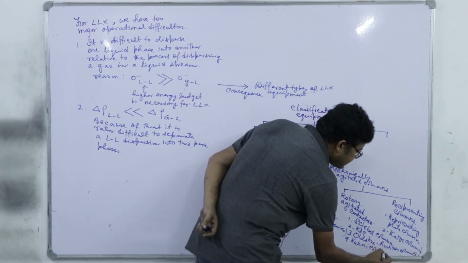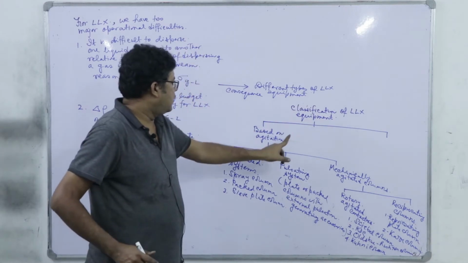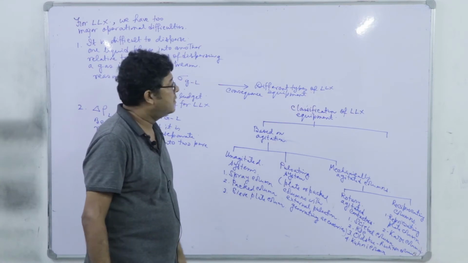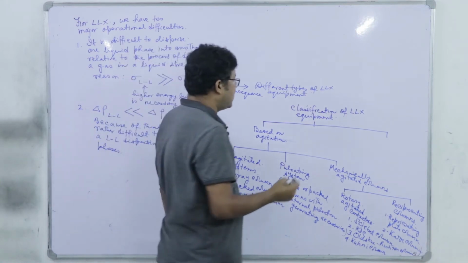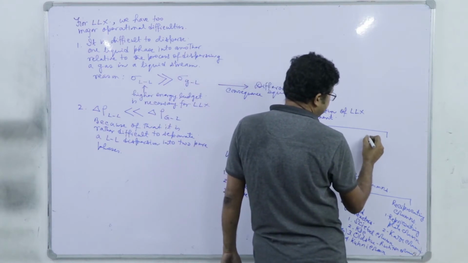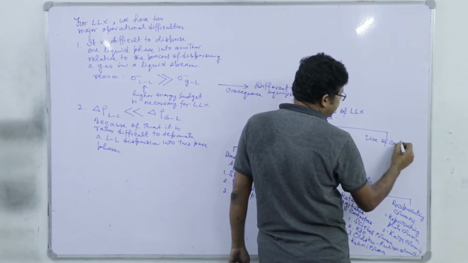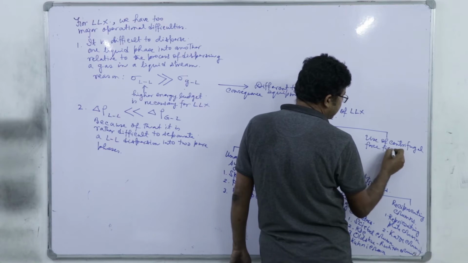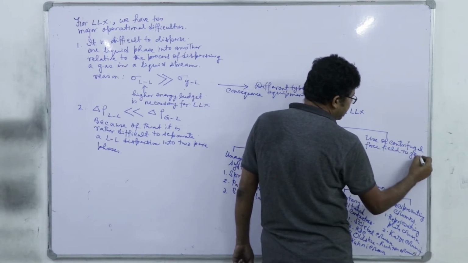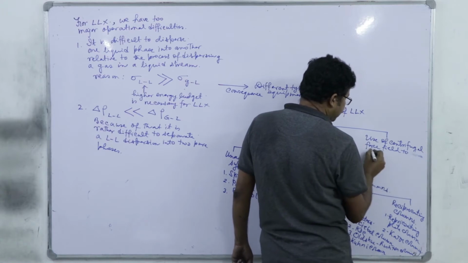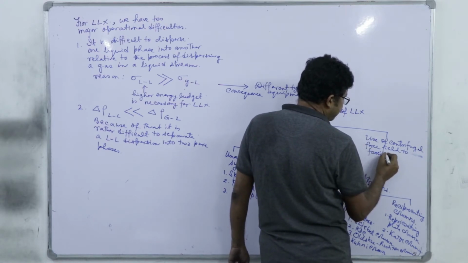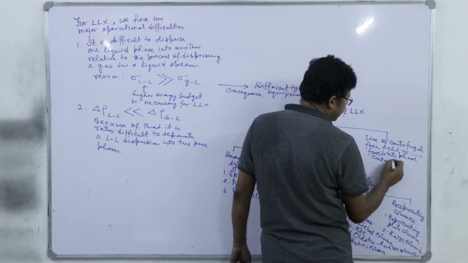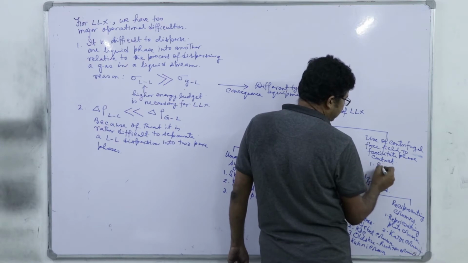Right. Whereas, instead of agitation, we can use a centrifugal force field to generate or to facilitate phase contacts, that is the Podbielniak extractor, the most popular.